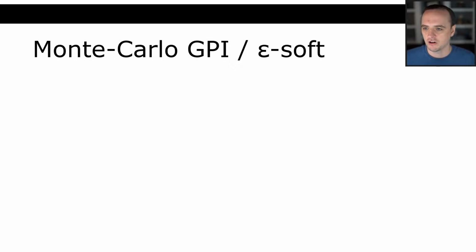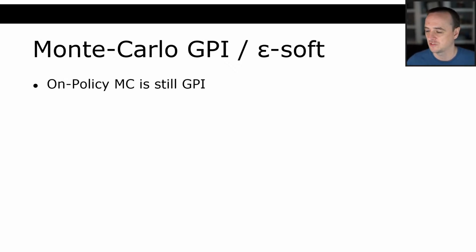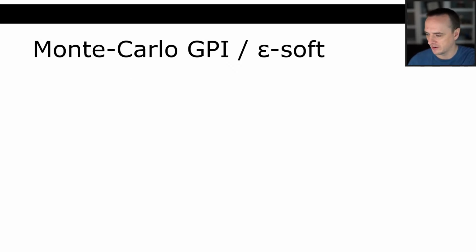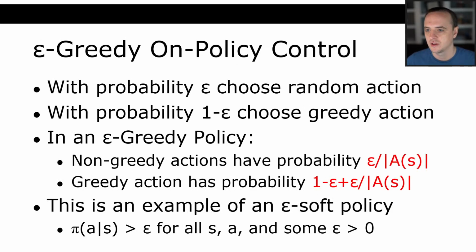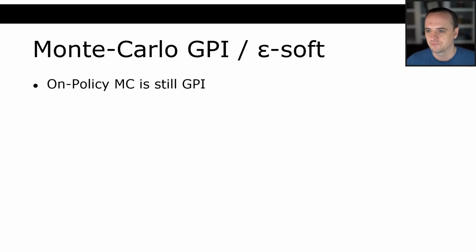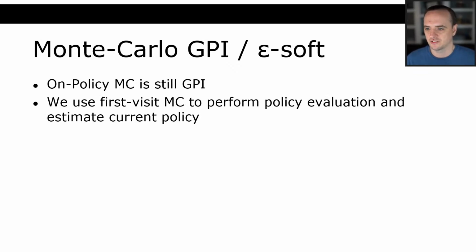So Monte Carlo generalized policy iteration epsilon-soft. That's what we talked about last time. We just hadn't defined it as this. So on-policy Monte Carlo still follows generalized policy iteration that we talked about last time. We used first-visit MC to perform policy evaluation and estimate the values of the current policy.